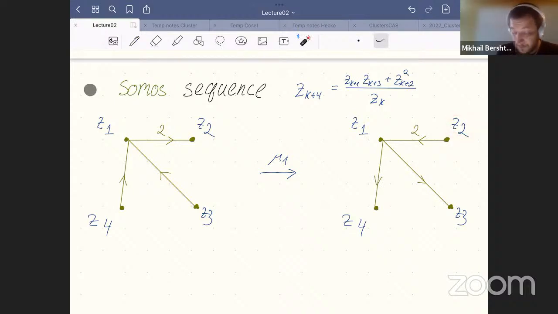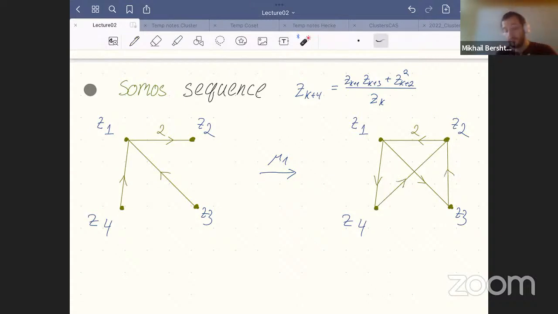It means that now, if I want to define the Z6, it should be given by the formula like this. It means that I should have here such arrows which go in the opposite order.